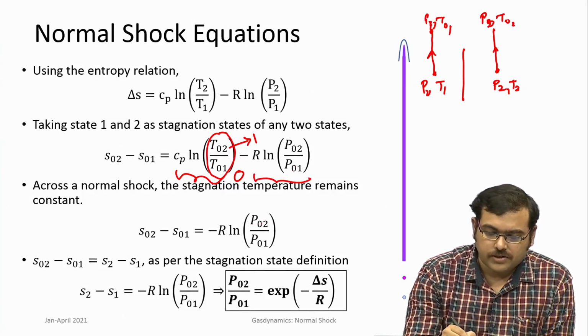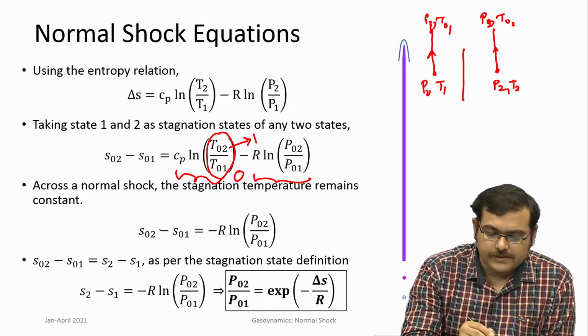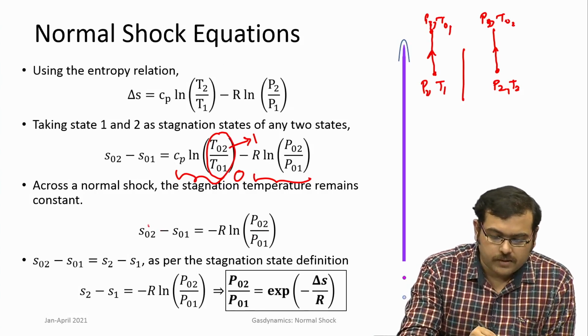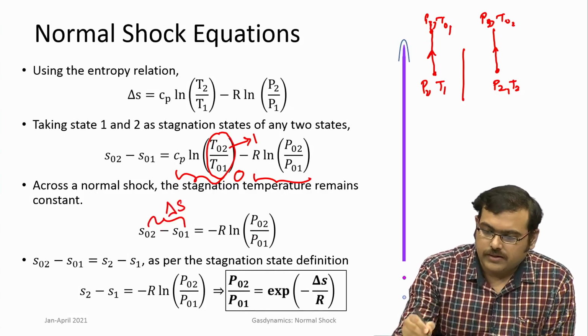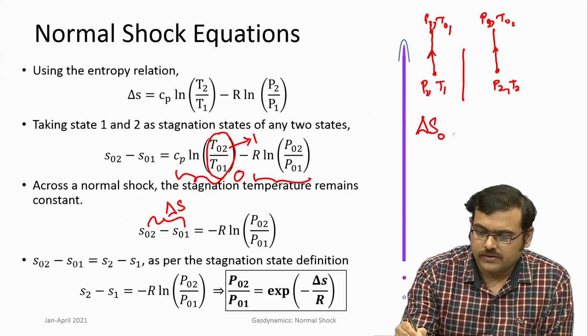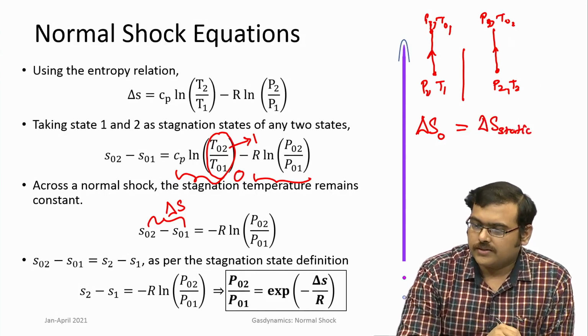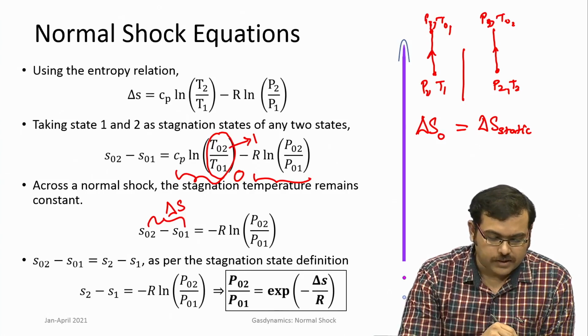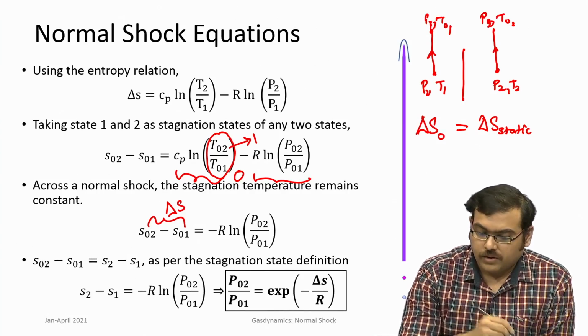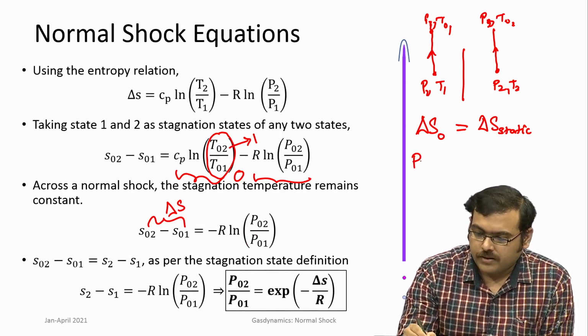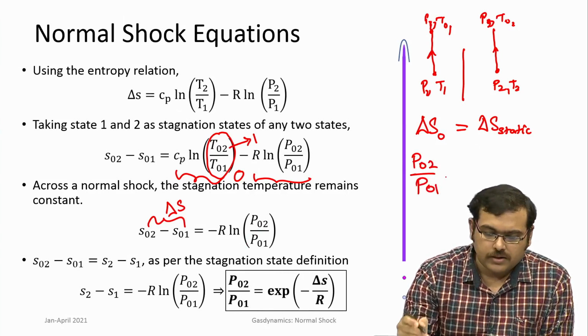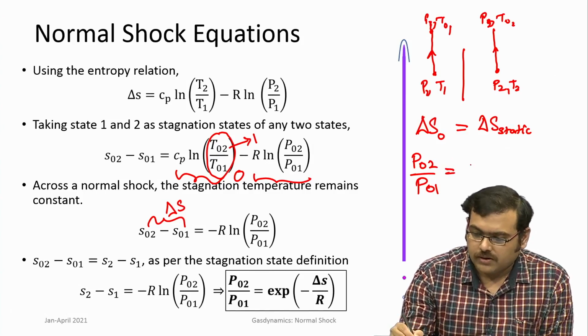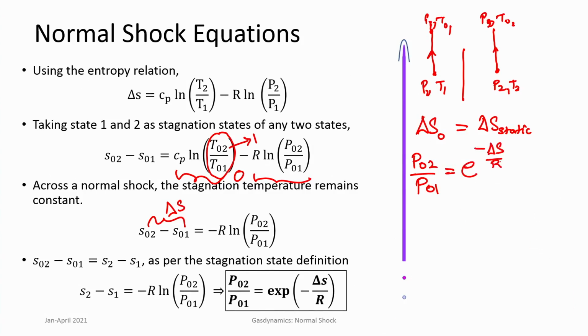The stagnation pressure ratio P02 by P01 is directly given by this delta S. Now delta S at the stagnation conditions is the same as delta S at static conditions, because each state is related by an isentropic process. So P02 by P01, taking the inverse logarithm, is e to the power minus delta S by R.